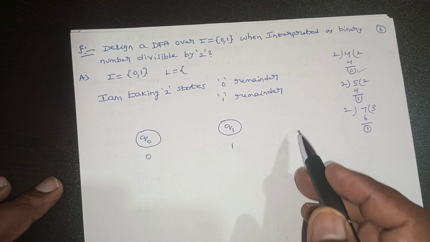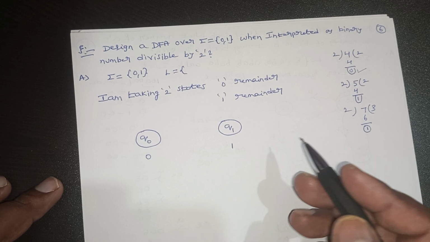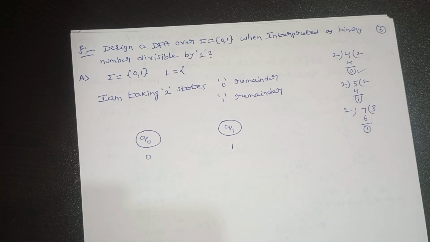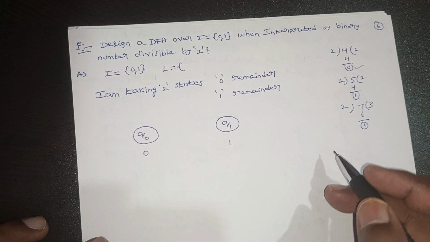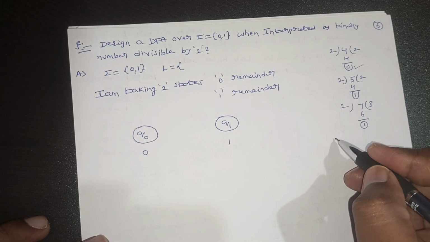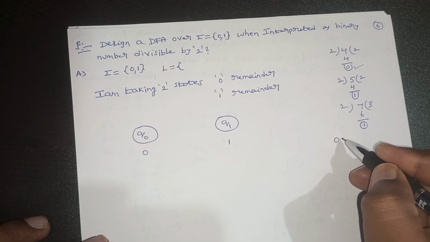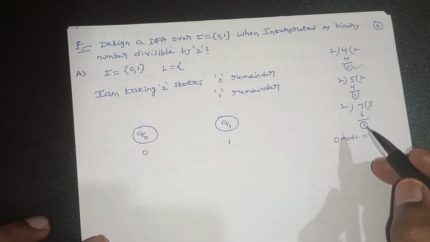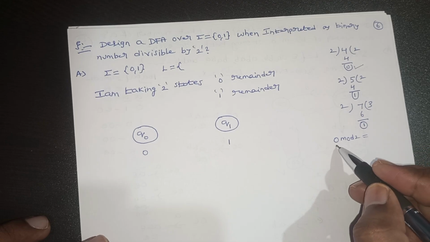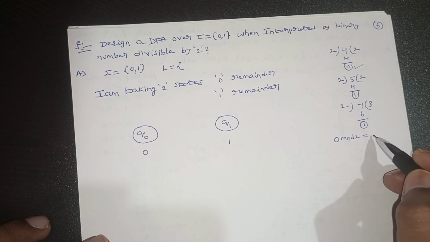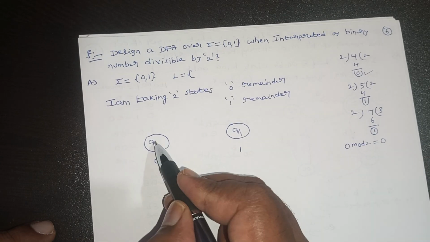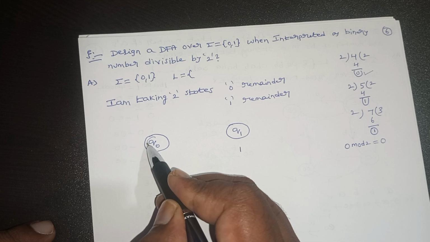When you divide 0 by 2, what is the value? Nothing but 0. So, 0 mod 2. Always make a note: when you divide a small number by a big number, the small number is the answer, and 0 is the answer. Then you make it a final state.